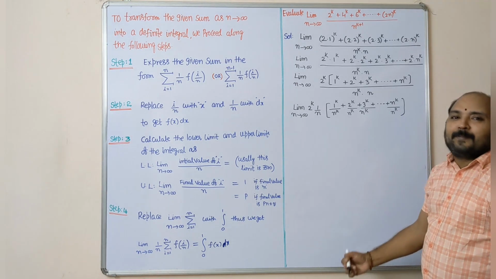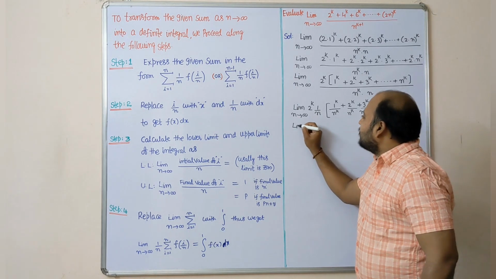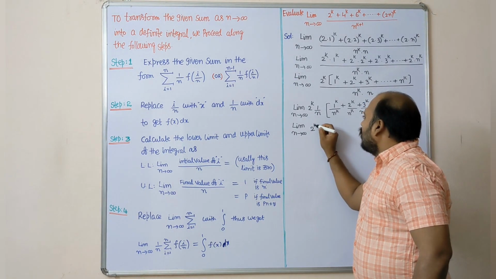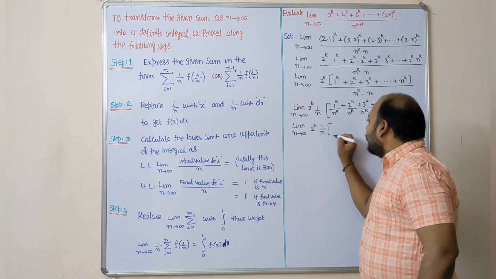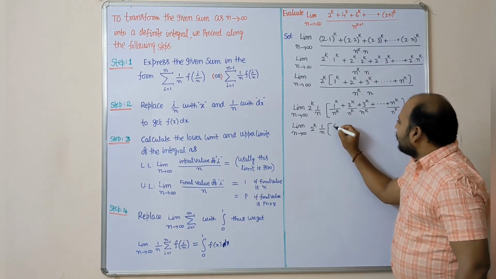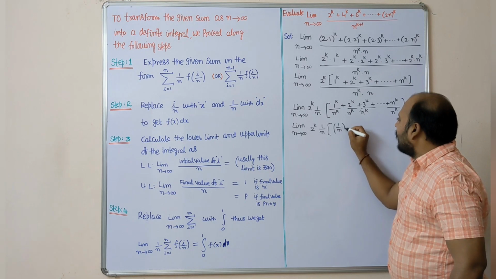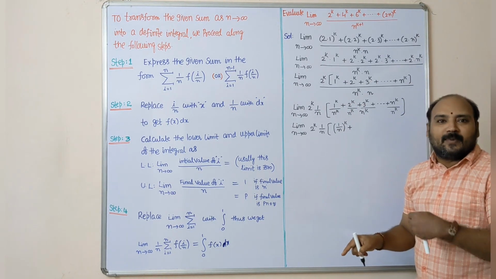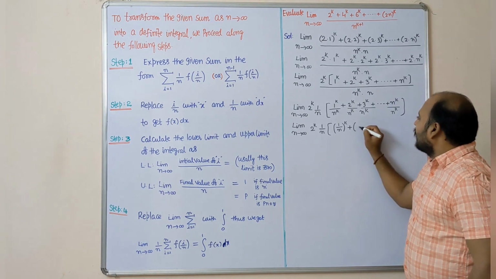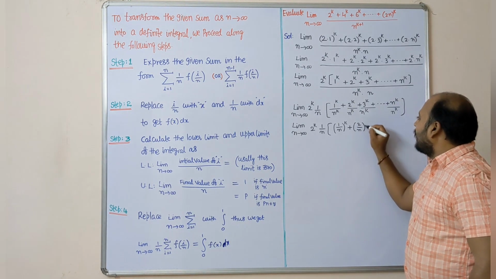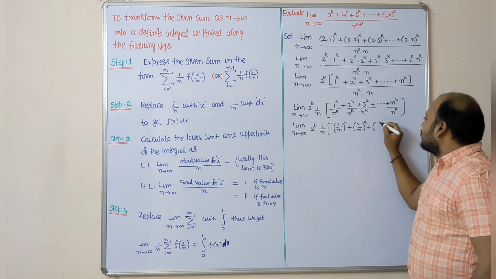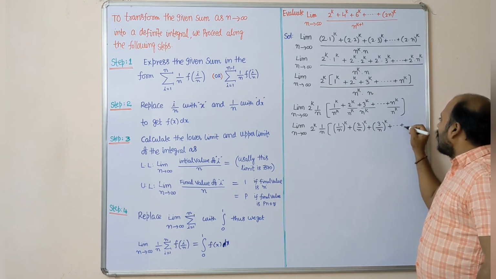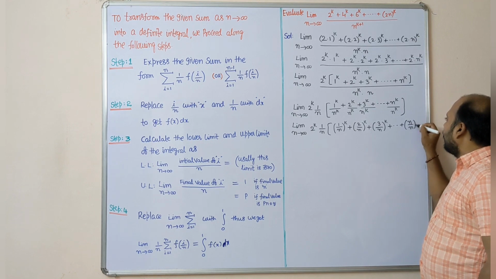In the next step, limit n tends to infinity 2^k into 1 by n. This can be written as (1 by n) whole power k, since a^m by b^m is (a by b) whole power m, then (2 by n) whole power k plus (3 by n) whole power k plus and so on (n by n) whole power k.